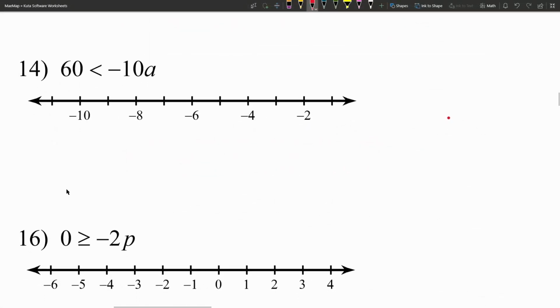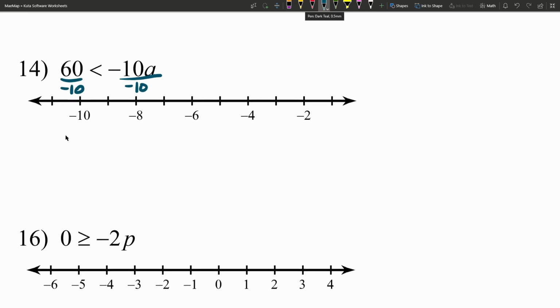For number 14, 60 is less than negative 10a. This one is different from the other ones on the worksheet because now our variable is on the right side of our inequality. But that's okay. We're going to solve it the same way, using those same steps. We want to isolate it, so we're going to divide by what it's multiplied by, which was a negative 10.